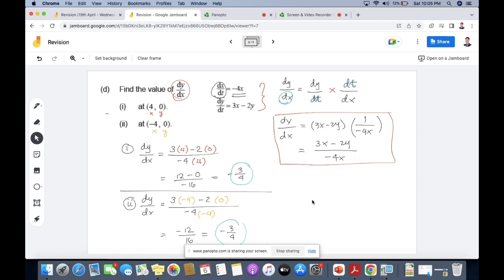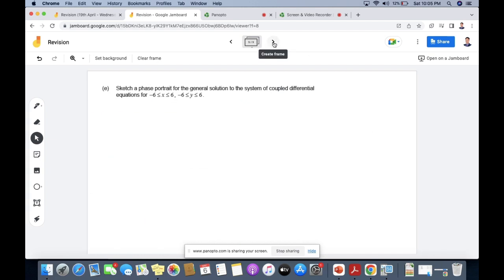All right. We are now heading to the last sub-question. So we now have here the last sub-question, which is to sketch the phase portrait for the general equation to the systems of coupled differential equation. So we have here x greater or equal to negative 6, lesser or equal to 6, and that's the same for the y. So first, let's try to prepare this. We can actually draw here a Cartesian plane.